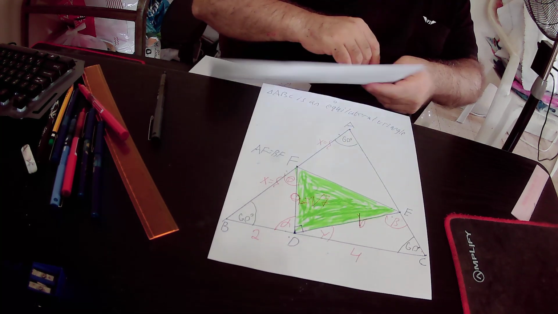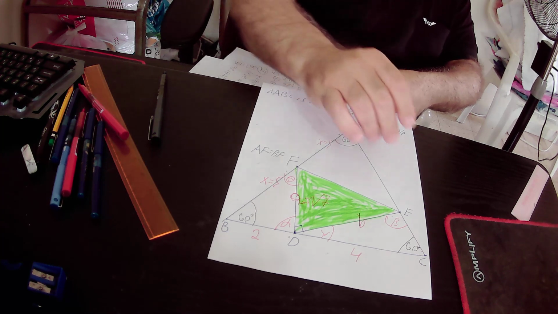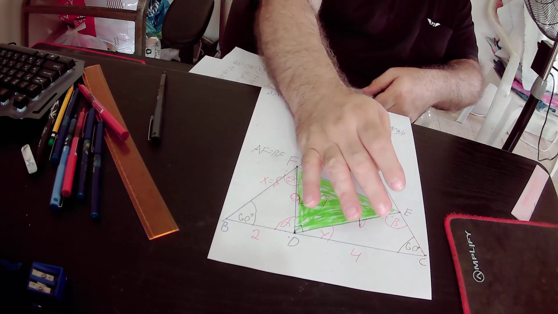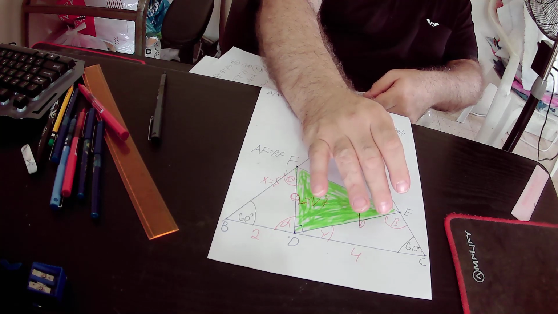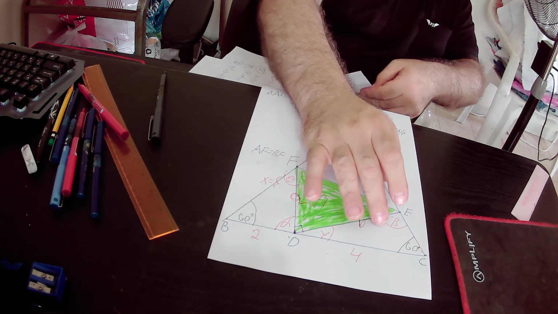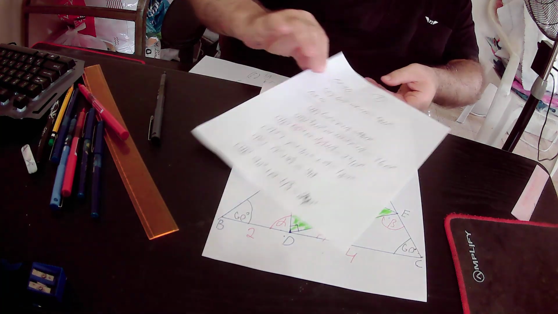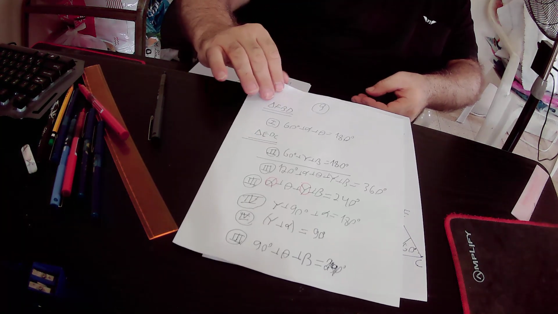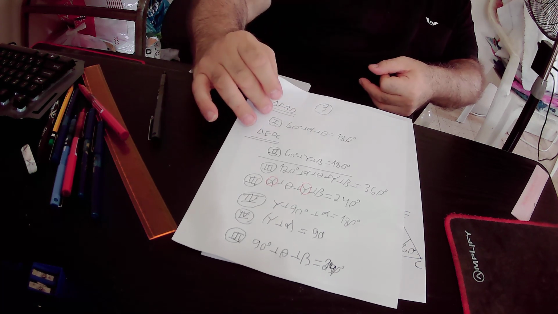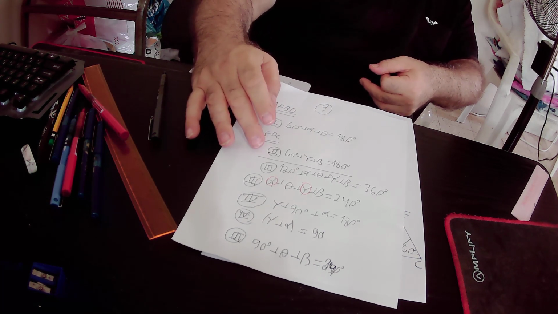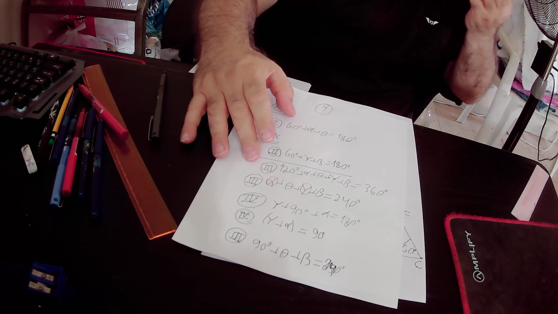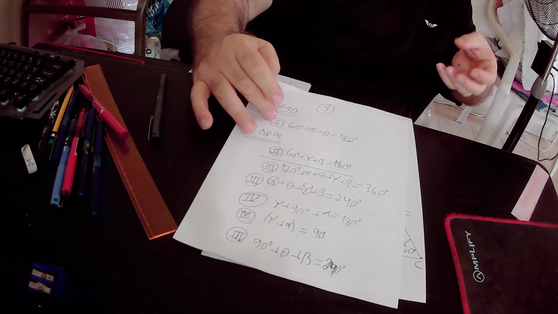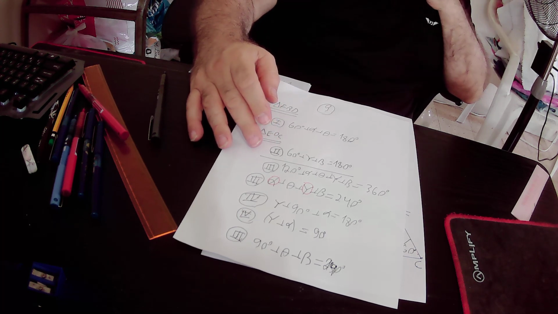Then we created the second equation that relates to triangle EDC. We can say that in triangle EDC the sum of its angles is equal to 180 degrees, so that is our second equation. Then we created equation number 3, which is the addition of equation number 1 to equation number 2.